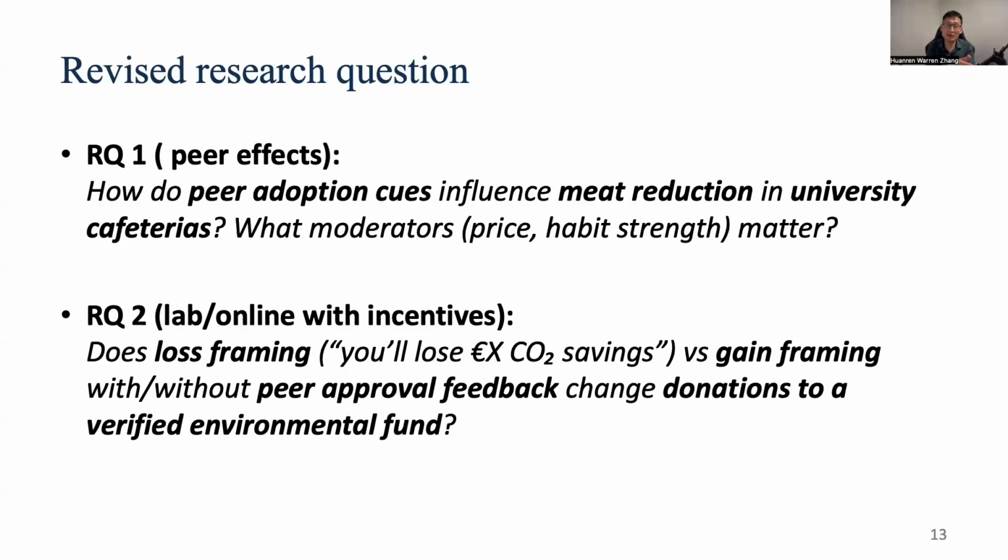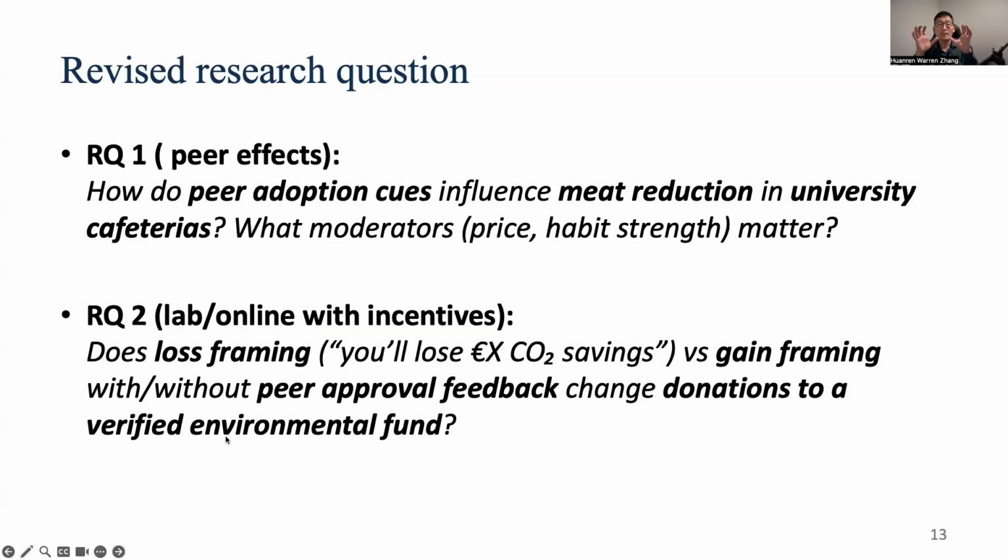Does loss framing versus gain framing with or without peer approval feedback change donation to a verified environmental fund? Right? Again, it's not directly related to sustainability, but it's definitely relevant to sustainable lifestyle, right? So here is because it's donation to a verified environmental fund.